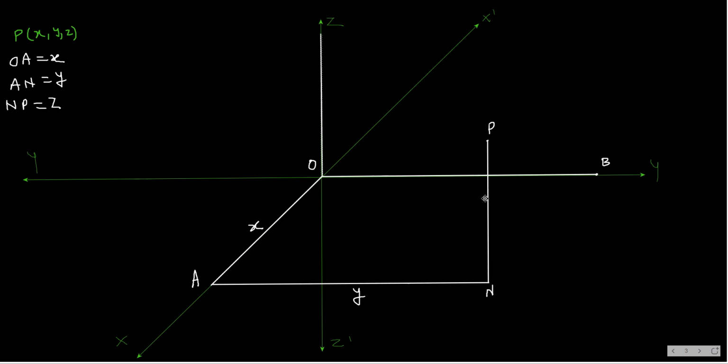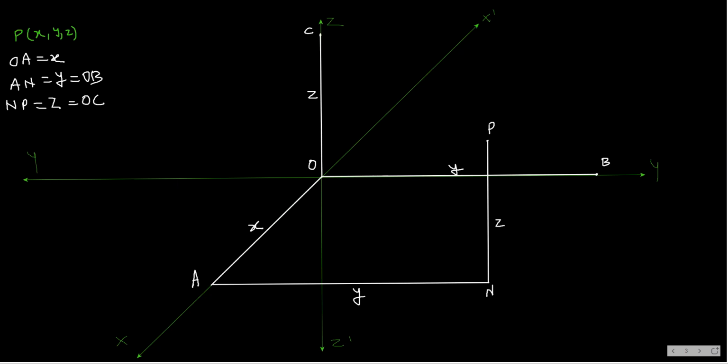And I take it here, Z. So OB is also equal to y. AN is the same as OB. And this point I write as C. You got that? This is point C. And how big is this? This is Z, as PN is Z. So this is equal to OC.